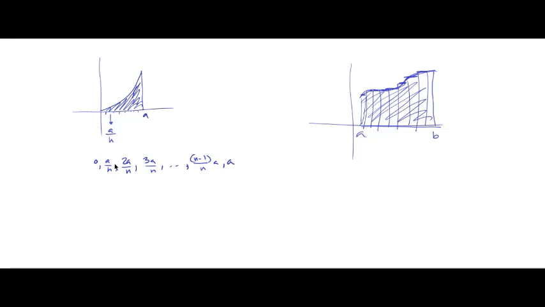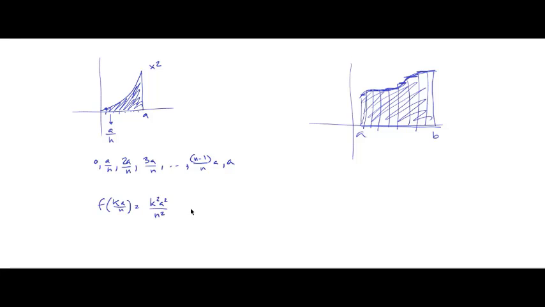Those are the points. So we want to get an approximation of the function in each interval, and in the interval between 0 and a/n, we're going to take the highest value of the function, which is x squared, at the rightmost point k a/n, right? So, with k going from 1 to n, this is k squared a squared divided by n squared.